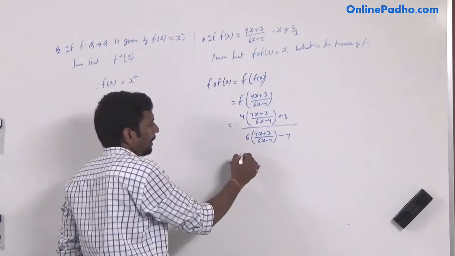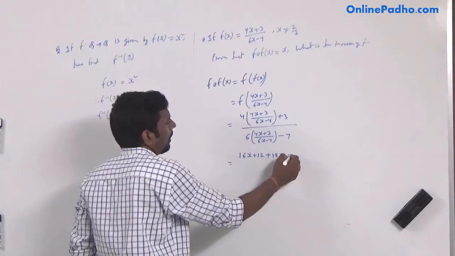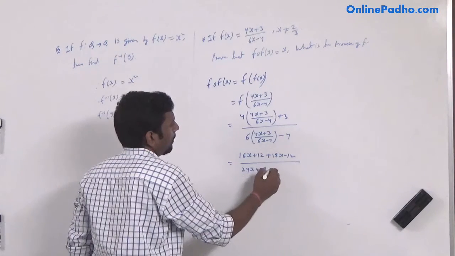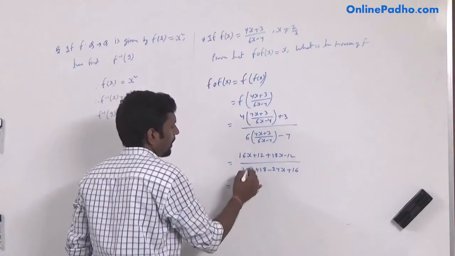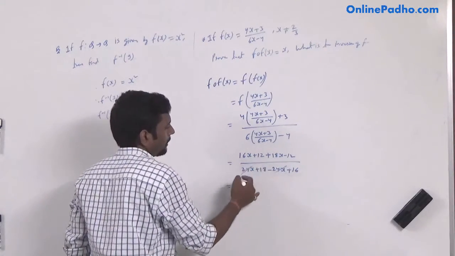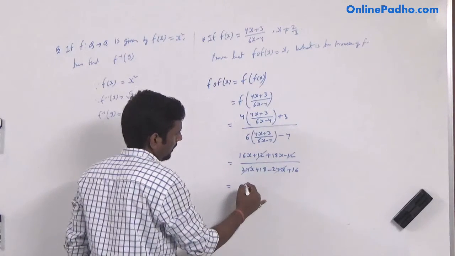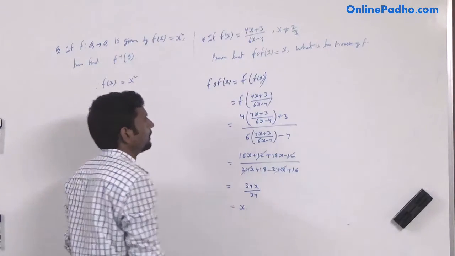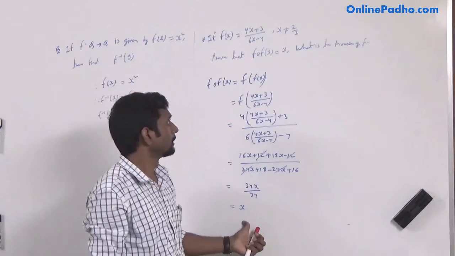Simplify this. It becomes (16x + 12 + 18x - 12) divided by (24x + 18 - 24x + 16). You can cancel the terms, and 12 and 12, so it is 34x by 34, that means x. Yes, we proved that f of f(x) equals x.